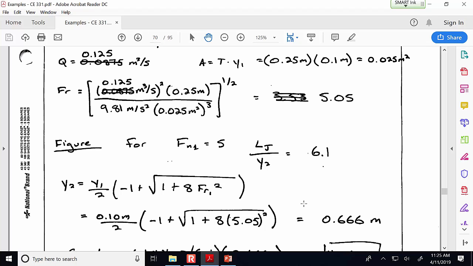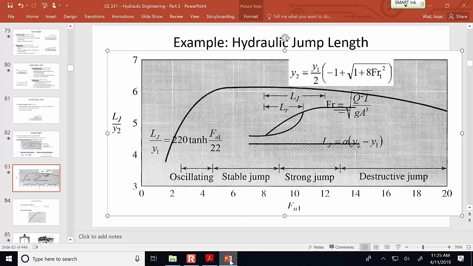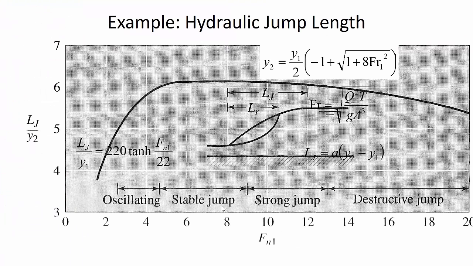And, okay, so now the three methods that we're going to use is, number one, with the Froude number upstream of 5.05. So you go up on this figure. Let me see if we can get some maximum accuracy. So 5.05, we go up and then over. So I said that's about 6.1.